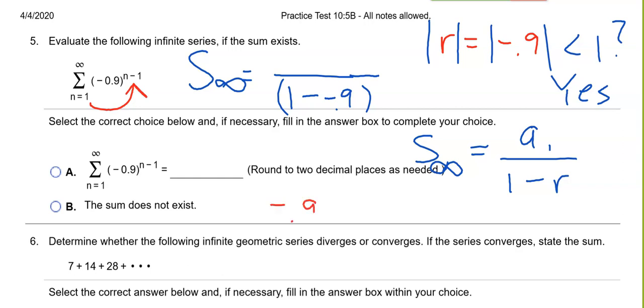What is negative 0.9 to the 1 minus 1 power? 1. That is the whole number 1. Good. So I know that's what goes on top. And now I can say 1 divided by parenthesis 1 minus negative 0.9, which ends up being 0.526.